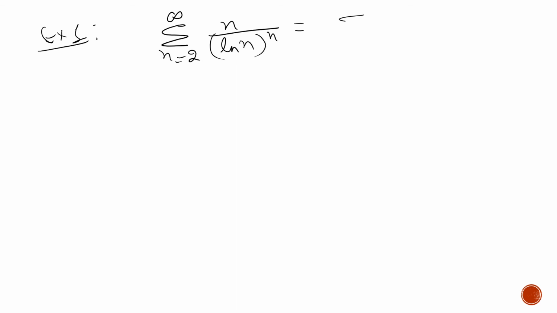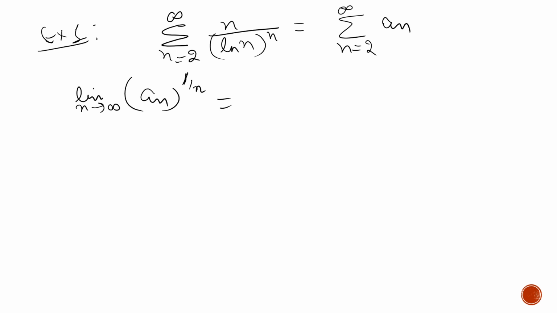Example 1. Suppose that you have this series, I'll write it in the form of an, and you want to test whether this series is convergent or divergent. So I'll apply the root test. I'll find the nth root of this.